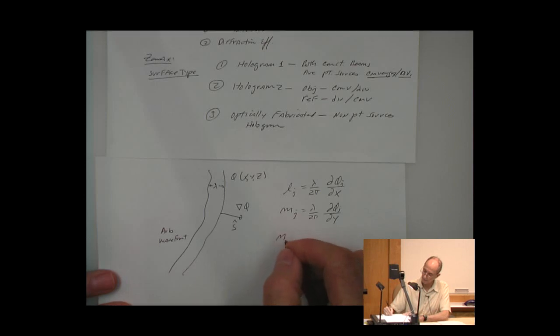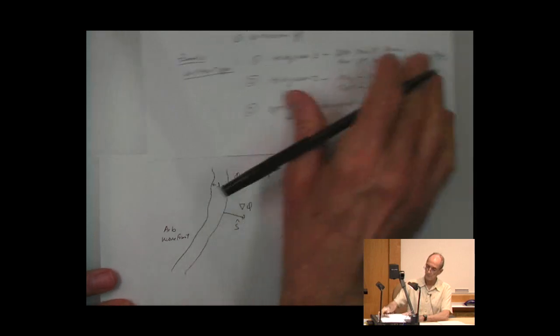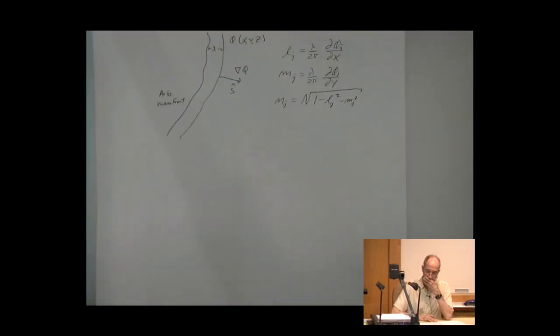And the nj is equal to the square root of 1 minus lj squared minus mj squared. Okay, so we can come up with this arbitrary description for the ray trace or the direction cosines, again, using the definition of what we mean by the ray, relative to that gradient of the surface.